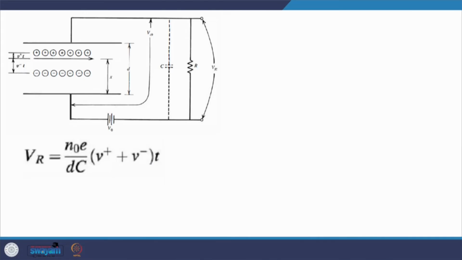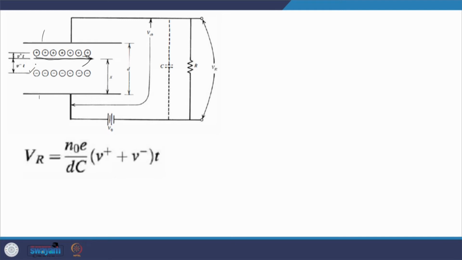All right. Let me discuss the simplest design of the ionization chamber: the 2 electrode parallel plate ionization chamber, where this arrow mark denotes the travel of the charged particle within the gas. Just for the sake of convenience, the positive and negative charge carriers are represented on both sides, and they are collected at the respective electrodes.